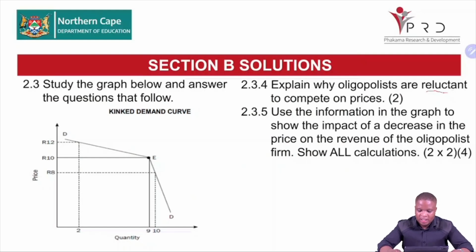Use the information in the graph to show the impact of a decrease in the price on the revenue of oligopolies. Show all calculations. If they decide to decrease their prices, what will happen? You need to calculate that. Right, I'll give you 5 minutes to respond to 2.3.4 and 2.3.5.